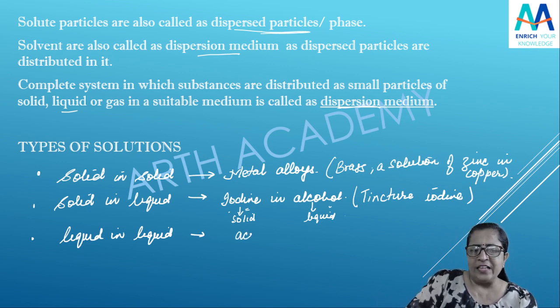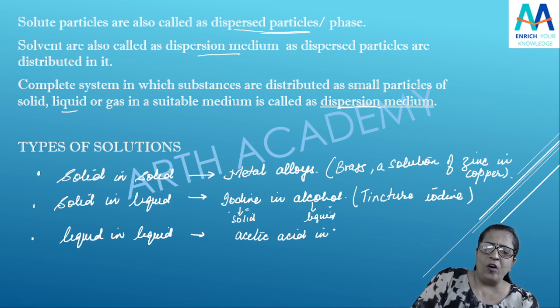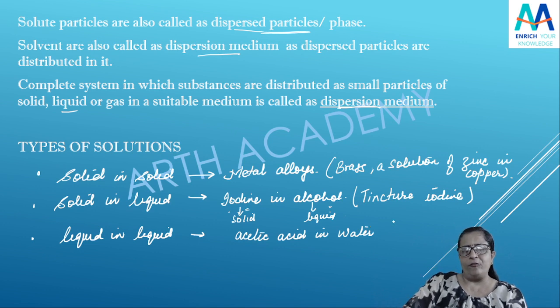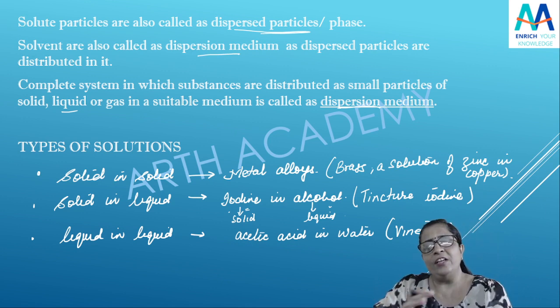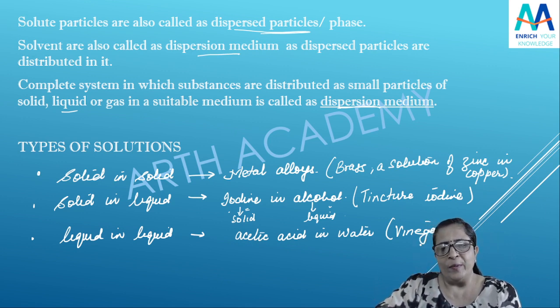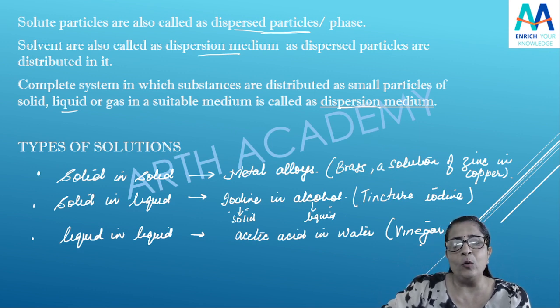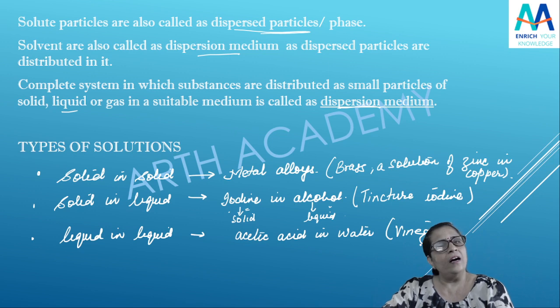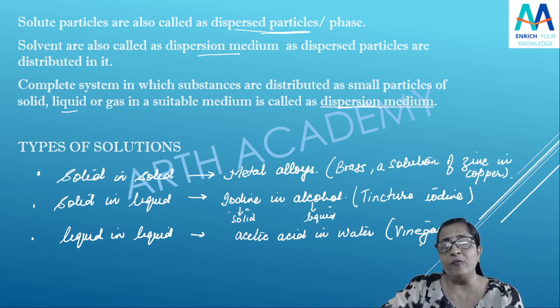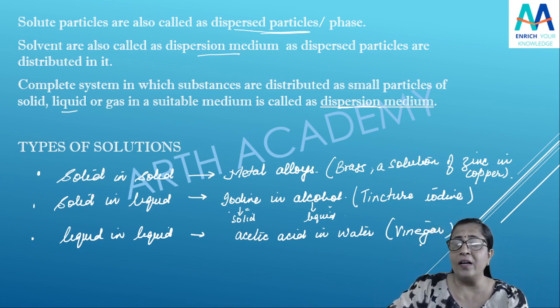When acetic acid is dissolved in water. Acetic acid dissolved in water, it forms what? It is vinegar. We generally use vinegar, right? When making Chinese food or something else, we generally use vinegar. Am I right? So what is this? Acetic acid in water. So this is liquid in liquid. Acetic acid, again, is a solute which is in liquid form. Water is a solvent, again in a liquid form.